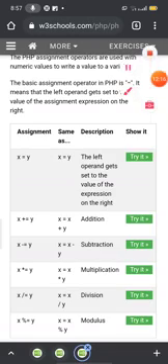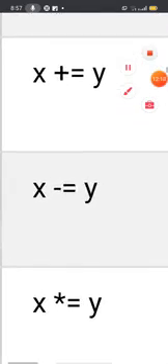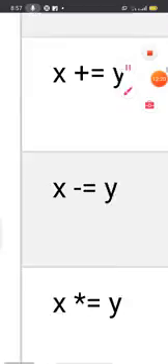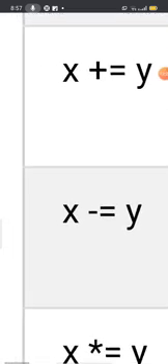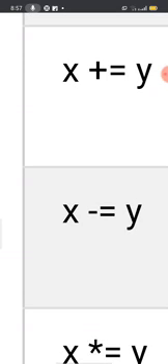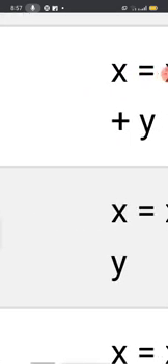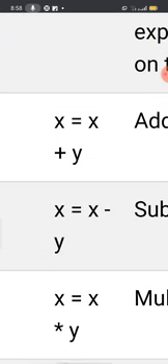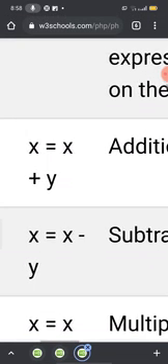Yes, everyone. Next, x -= y. What does it say? x = x - y.